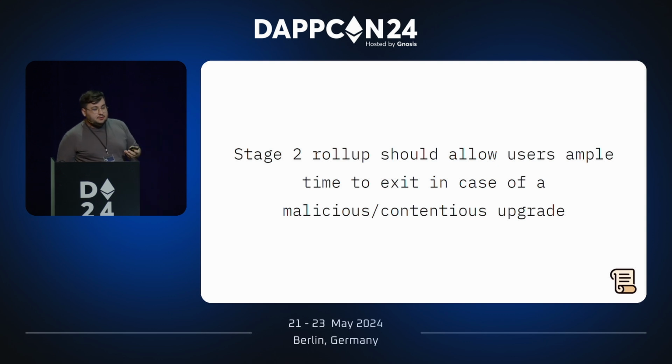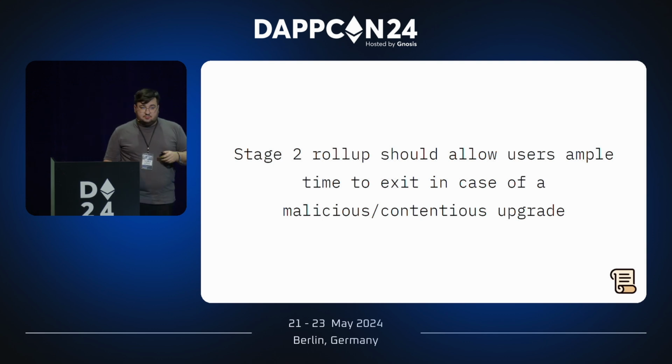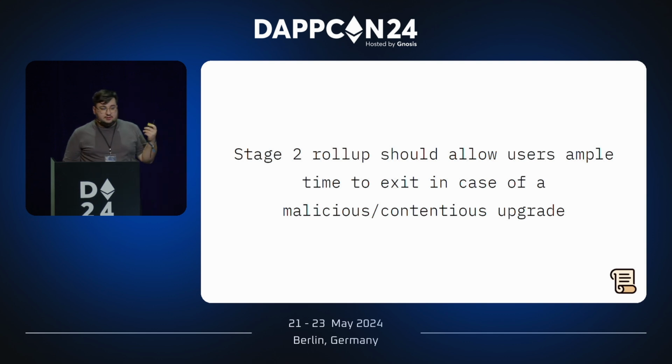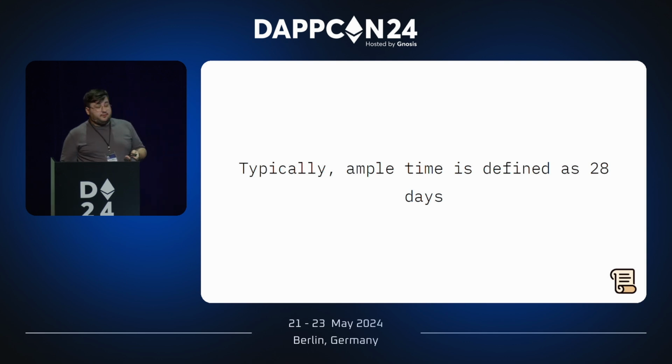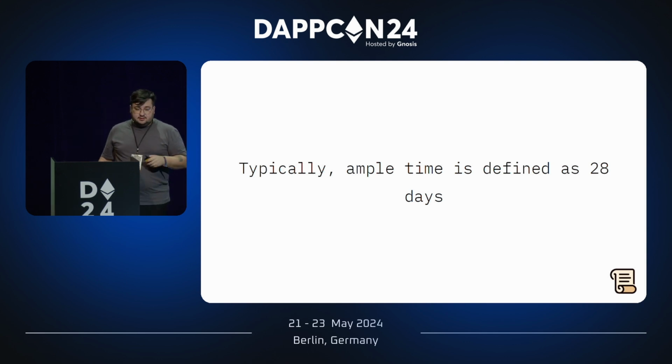But in this case, a stage 2 rollup should allow users ample time to exit from the rollup in case there's a malicious upgrade. What that means is, if you introduce an upgrade, there has to be some time to allow those users to exit in case they either disagree with the upgrade for one reason or another, or it's an actual malicious upgrade. And typically we define ample time as 28 days.